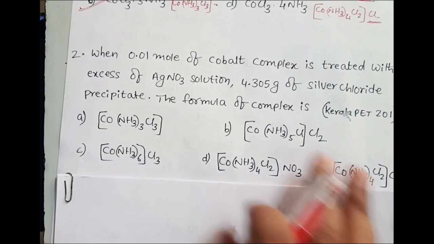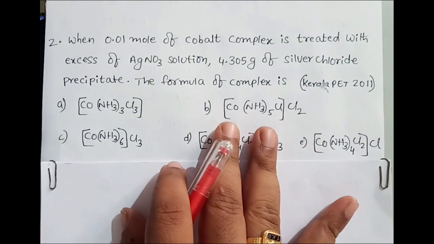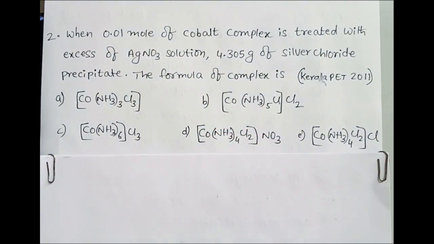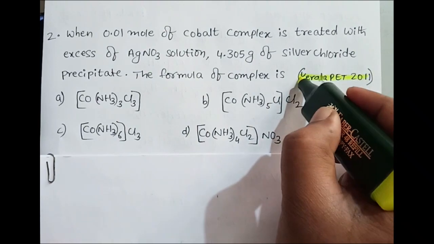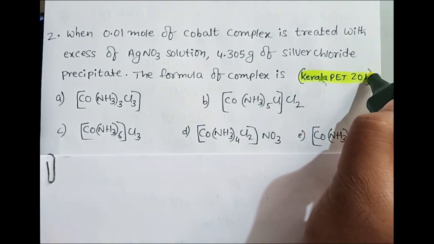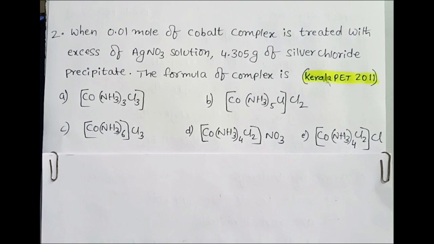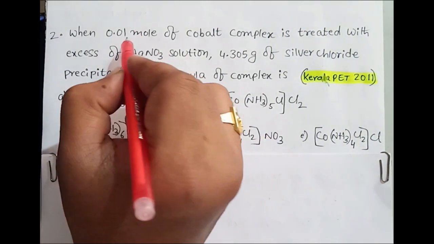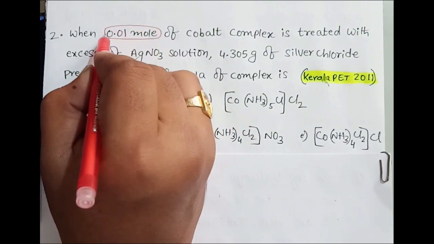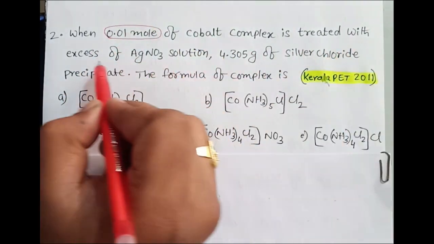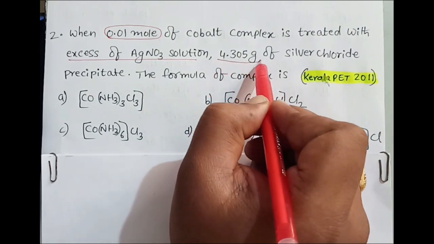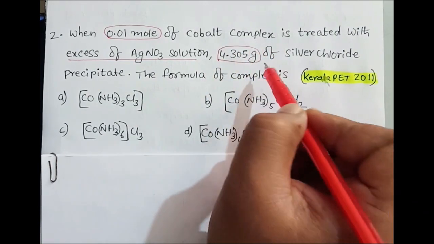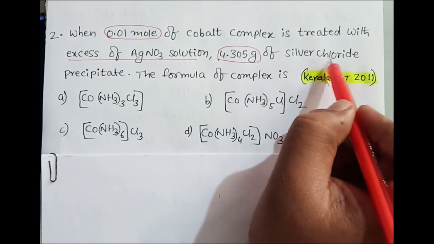Yes, now let us see this question. This is a very interesting question. This was asked in Kerala PET 2011. What is this question? When 0.01 mole of a cobalt complex is treated with excess AgNO3 solution, it gives 4.305 gram of silver chloride.